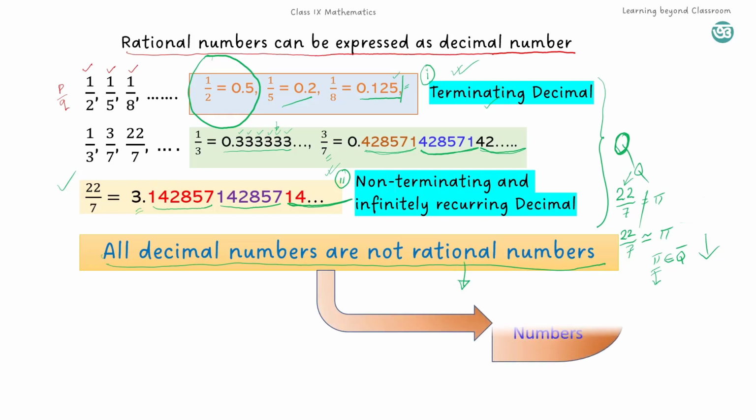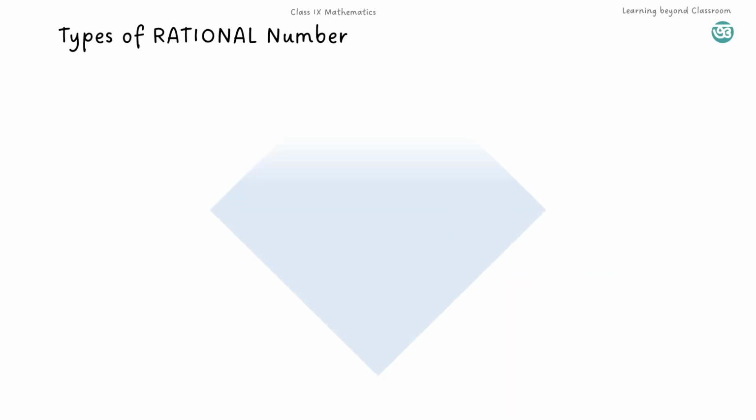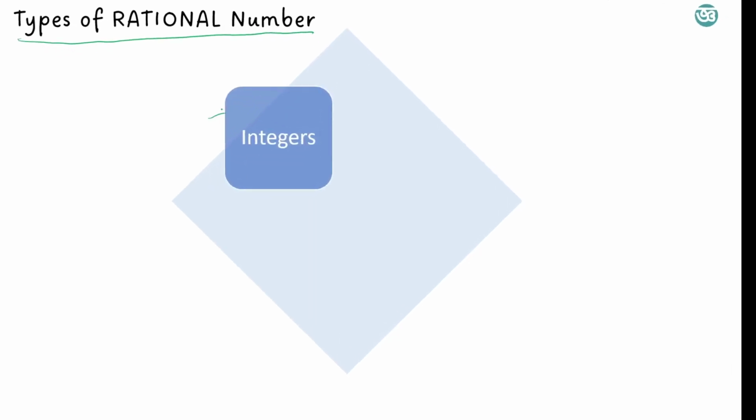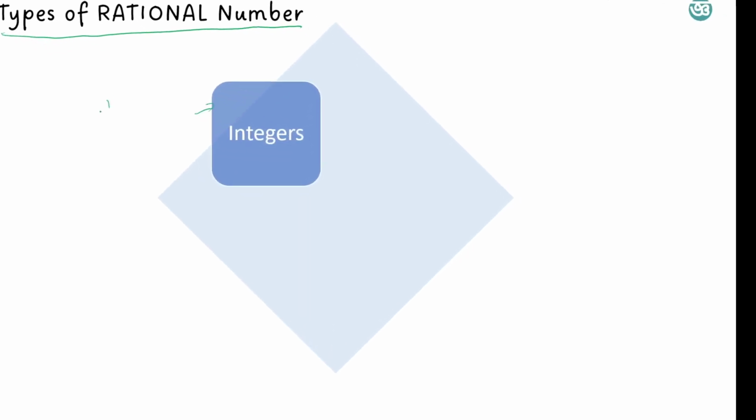So basically we get four types of rational numbers. One is of integer form, for example 1, -2, 0, etc. These are all integers, but they can be expressed in the form of p by q, but their basic form is integers. So all integers are rationals.